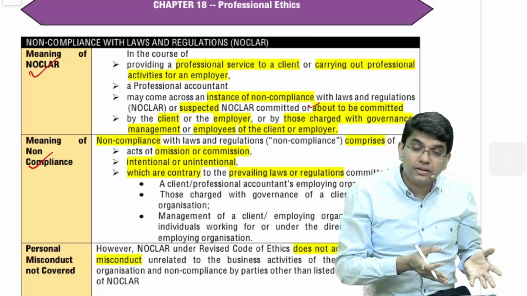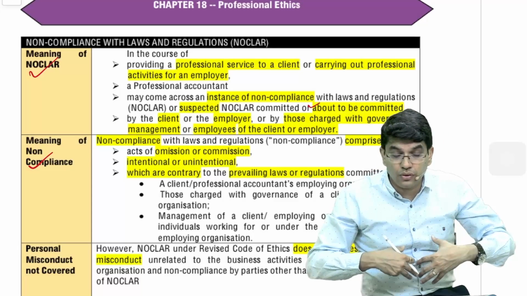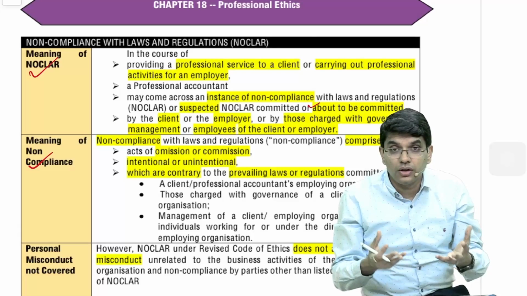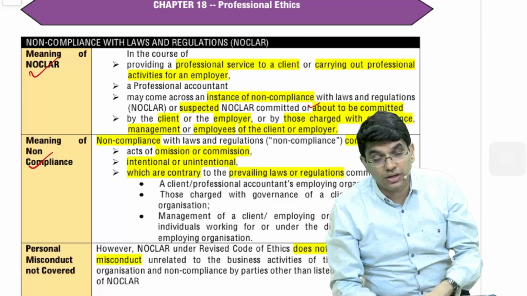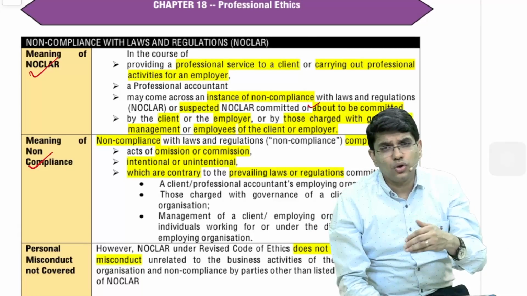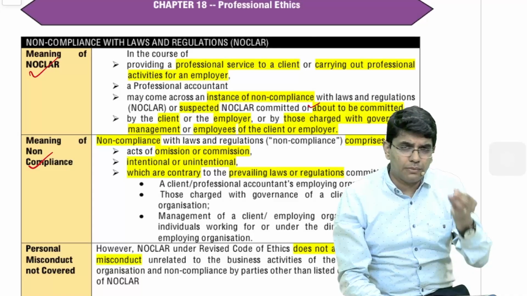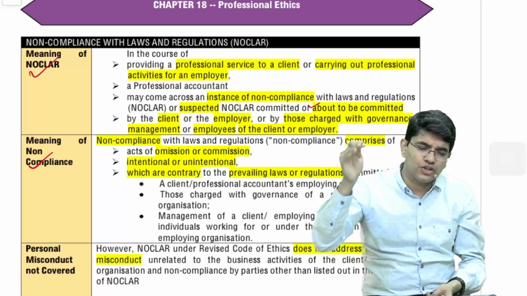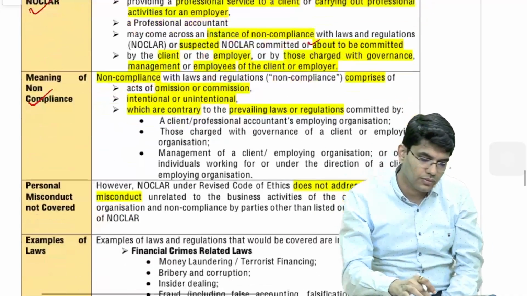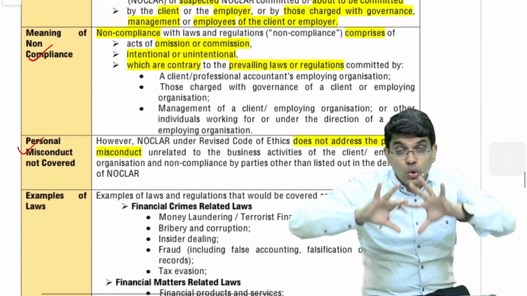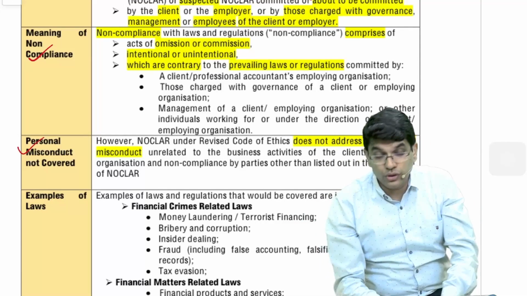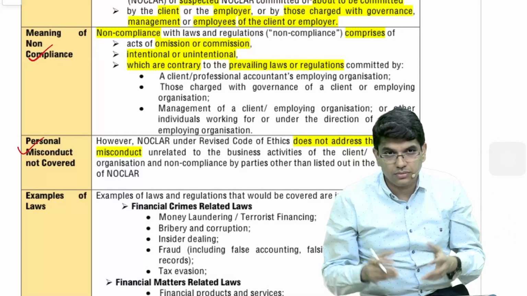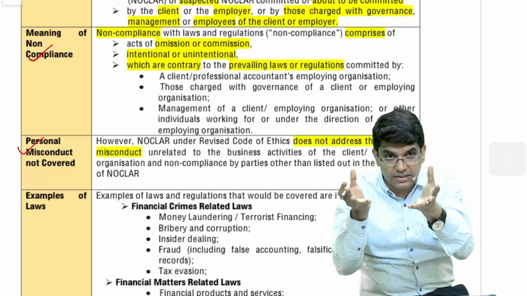If you're omitting it, or there is something you're not doing properly, there's a commission, or there is contradiction, complete contradiction. Correct? It's non-compliance. And it can be done by anyone. The same list continues, either by the client or the employer or TCWG, management or employee of such people. So we know what is a NOCLAR situation. We know what we mean by non-compliance. Again, non-compliance of law by these guys, nothing special.